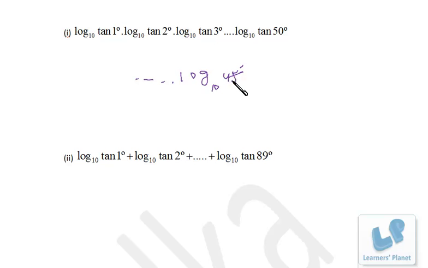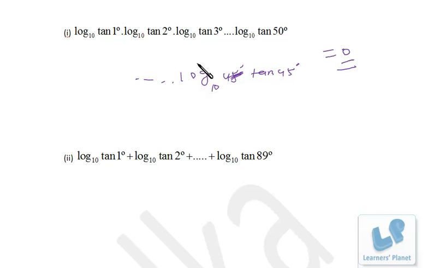So I'm sorry, this tan 45 degree, right? Now tan 45 degree is what? 1. So what we are getting? Log 1 to the base 10. Now log 1 with any base is 0, right? So we are getting a term as 0. That means the entire multiplication will be 0, right?